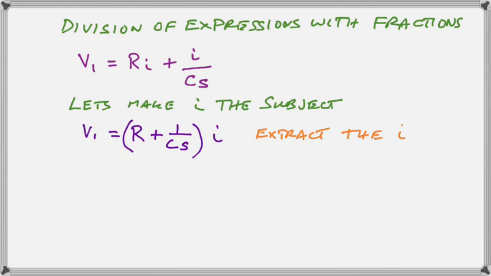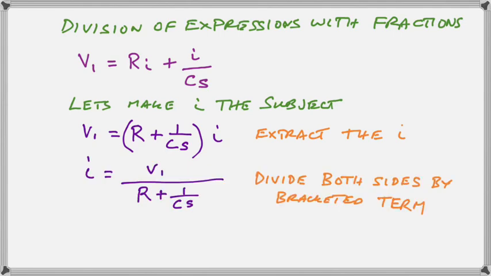Once we extract it, we can see that all we have to do to get I by itself, isolated as the subject, is to divide V1 by the bracketed expression, and we have made I the subject of our expression.